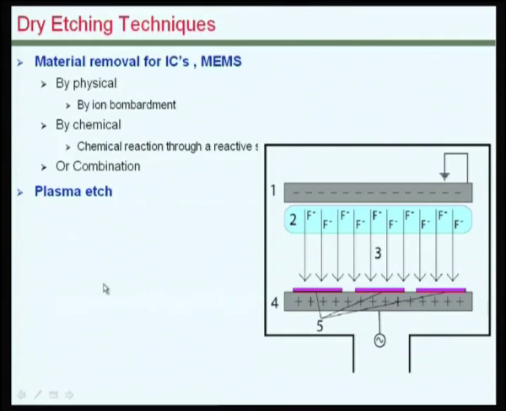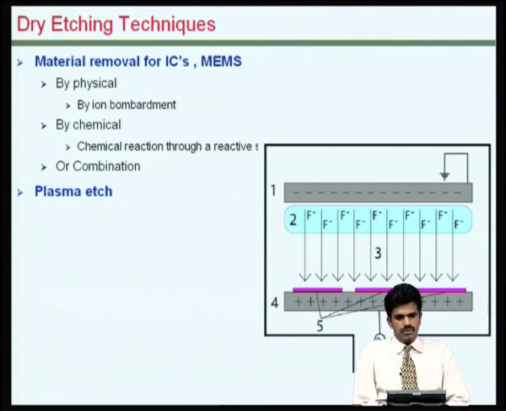For the successful realization of micromachining, often dry etching techniques are performed. Dry etching is similar in principle to the sputtering technique that you have seen in the context of deposition.